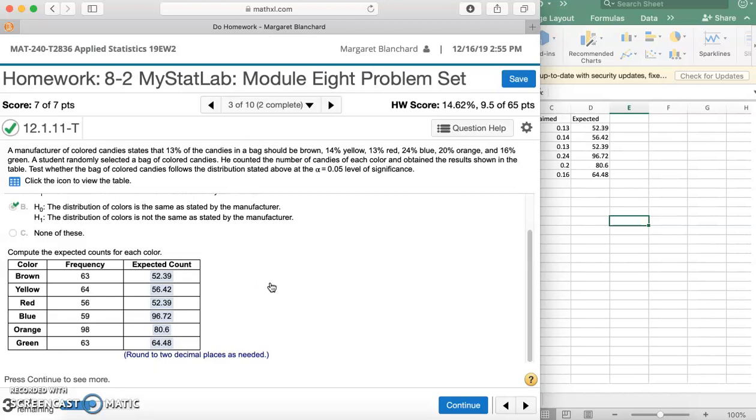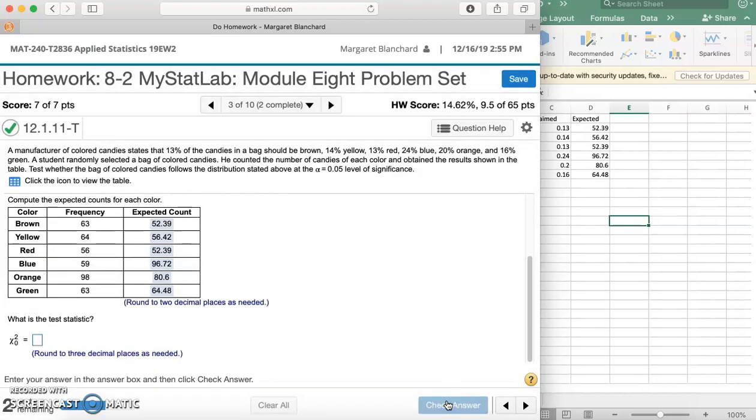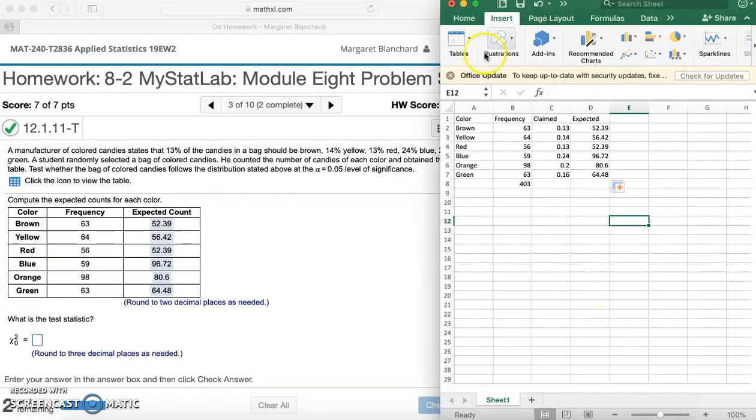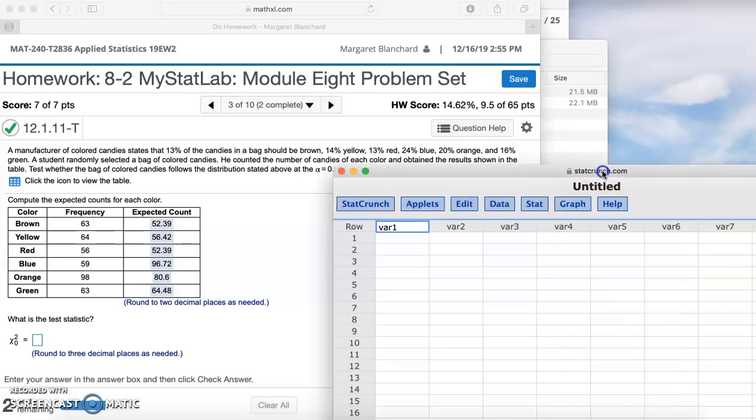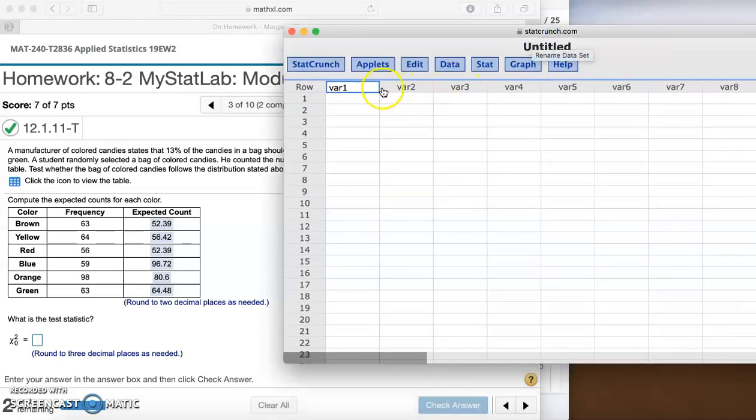Now, what do we need to do with this? We need to come up with our test statistic. We could do this in Excel, but I am going to do this in StatCrunch because it is a little easier, and for your purposes, we've been working in StatCrunch this whole time. So I'm going to create the observed column and the expected column, and I'm just going to copy in those numbers: 63, 64, 56, 59, 98, 63.